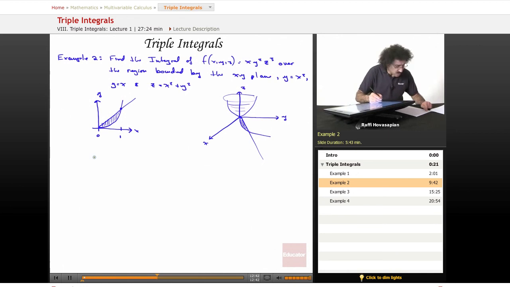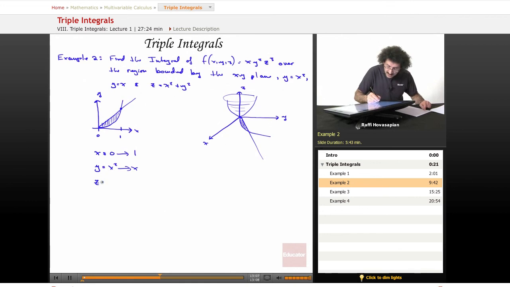So let's go ahead and see what x and y and z are. Again, it's always good to write them out specifically. So x is going to go from 0 to 1. Y is going to go from x squared to x, right? The x squared is the lower function, x is the upper function.